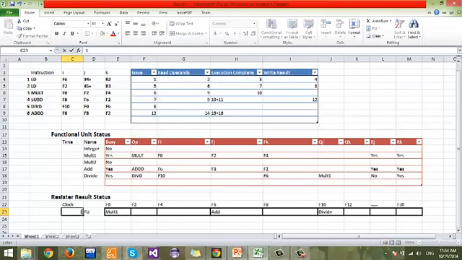Let's move to clock cycle 17. What happens? Add D goes to write result status. So at the end of clock cycle 17, add D will become again free.